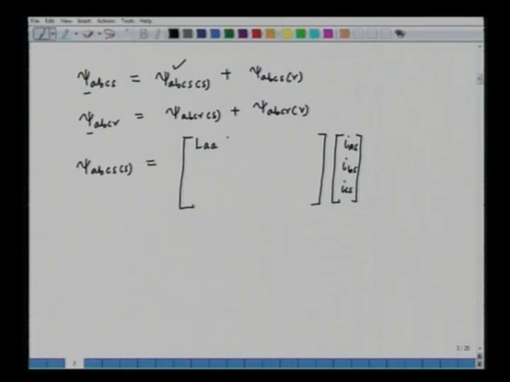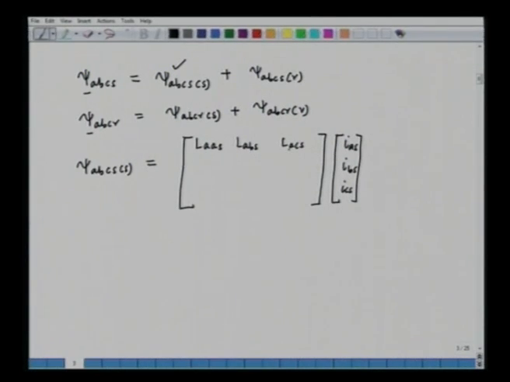So, this inductance matrix will have LAAS, LABS, LACS. This LAAS means the inductance of the stator phase A with respect to the phase A. Inductance of stator phase A with respect to phase B is LABS.